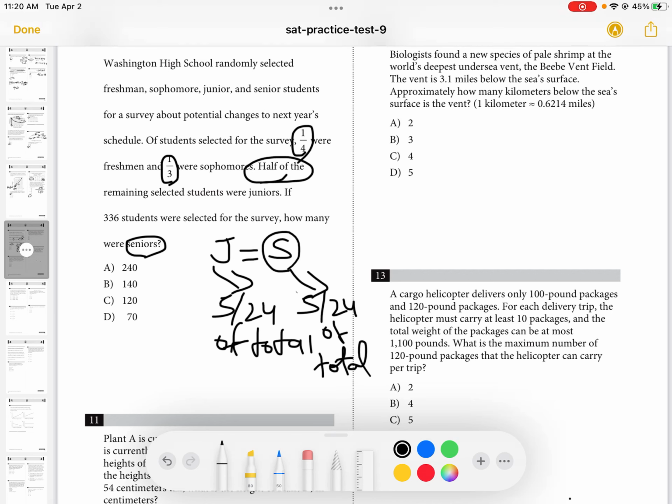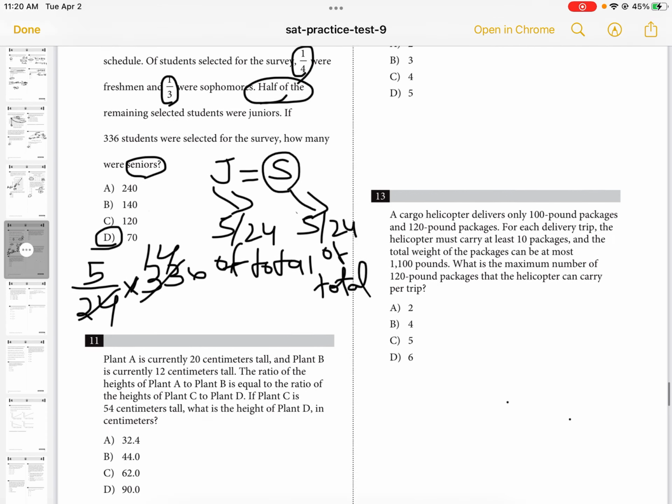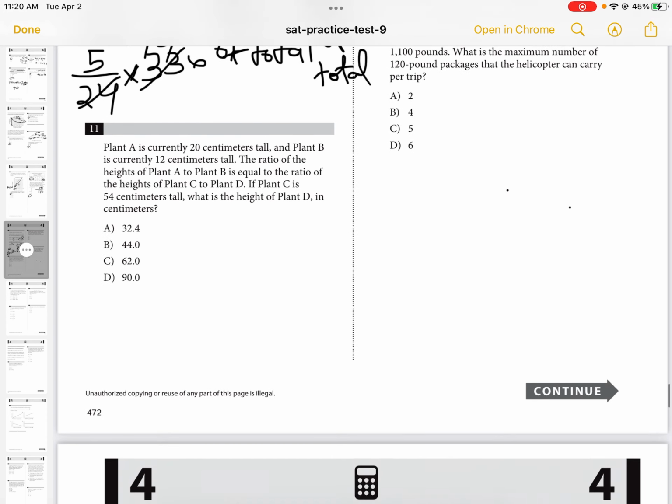So then we just need to multiply 5 over 24, because that's the fraction of seniors that are surveyed, times the total number of people, 336. Now if you divide 336 by 24, you get 14. So that's 14, and 14 times 5 is 70. So that's D. On to the next question.